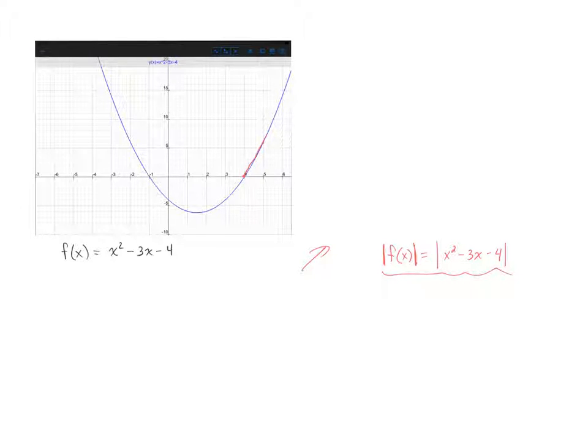So in fact, all these y values up here are not going to change. And I think you'd agree that for these positive y values over here on the left, they're not going to change. But any y values that were negative, that is these guys down here, those are all going to become their opposites.